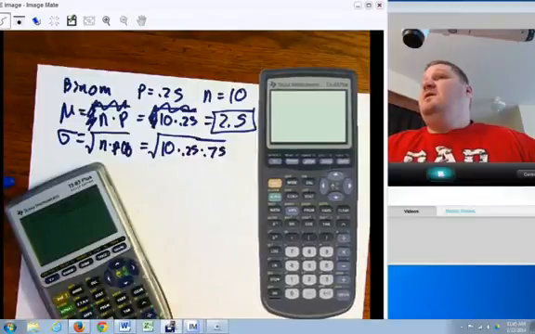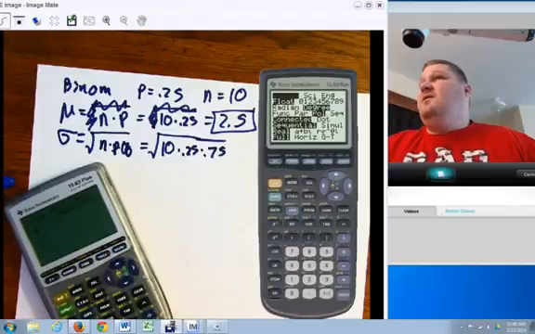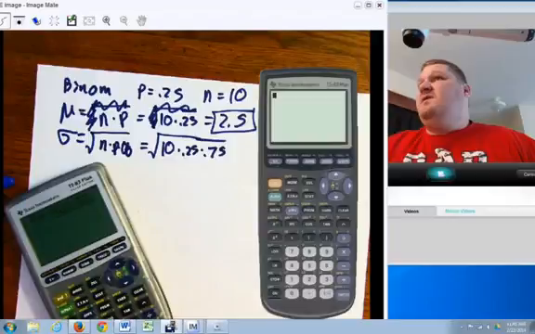So let's go on clear, second quit, clear mode just for giggles, function quit. Okay, so we have second square root 10 times 0.25 times 0.75.